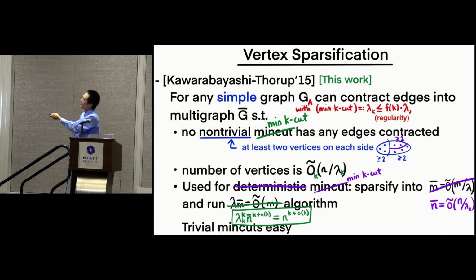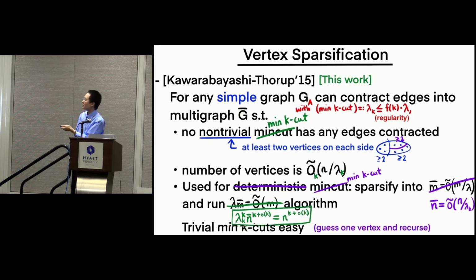Again, non-trivial for min k-cut just means that each component now has at least two vertices. And now on the sparsified graph, we're going to run an algorithm in time, not lambda times number of edges now, but lambda k to the k times number of vertices to the k.